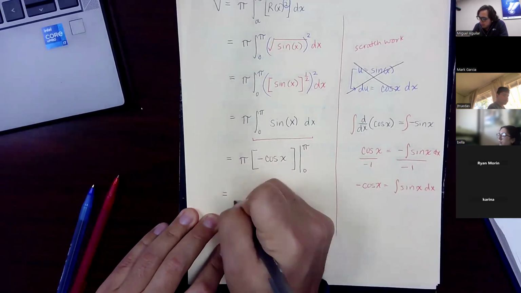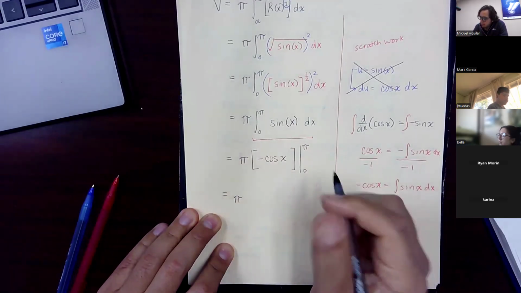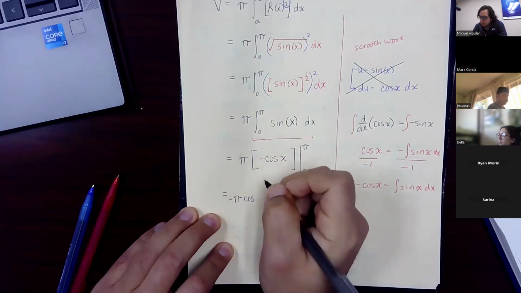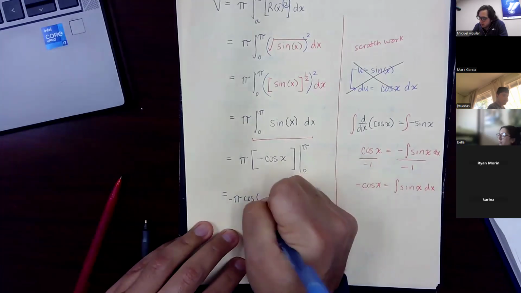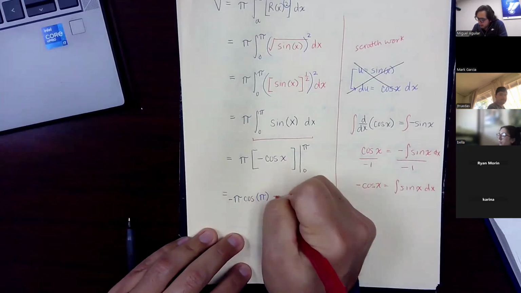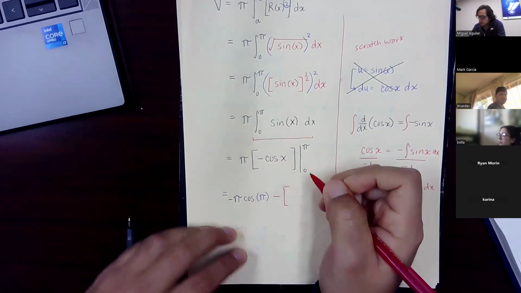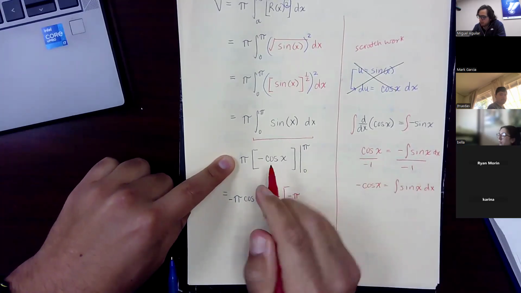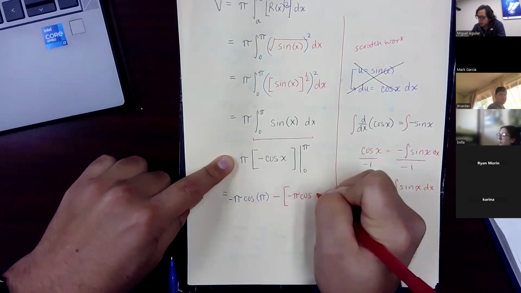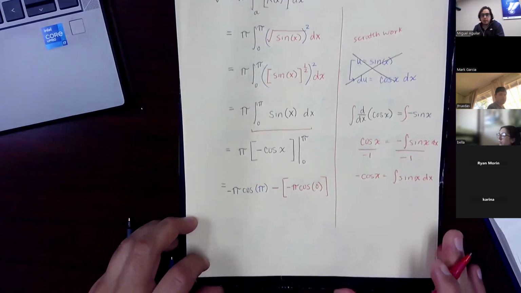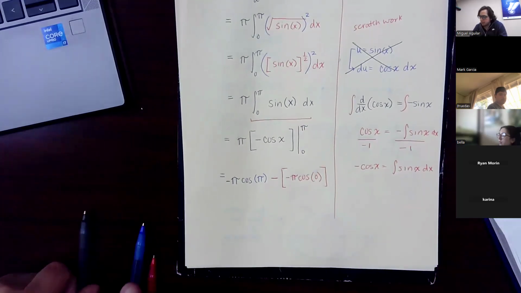So that's just going to be pi, maybe we call it negative pi cosine of pi, and then minus, then we would have a negative pi cosine of 0 when we evaluate that.